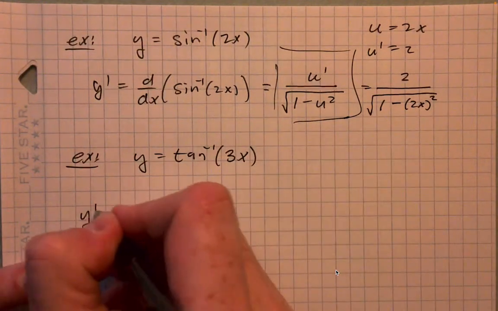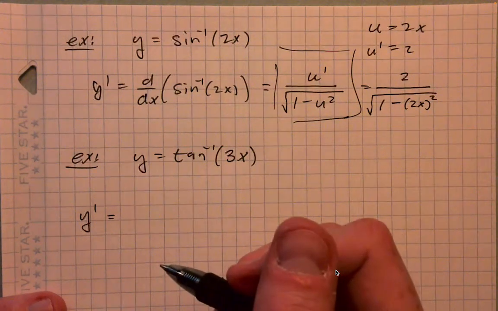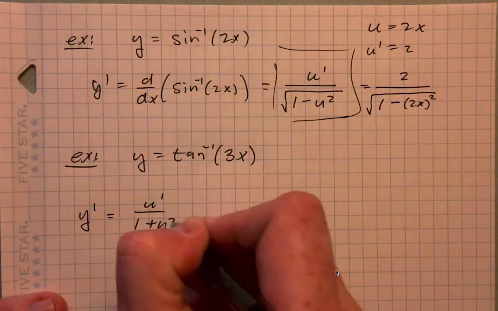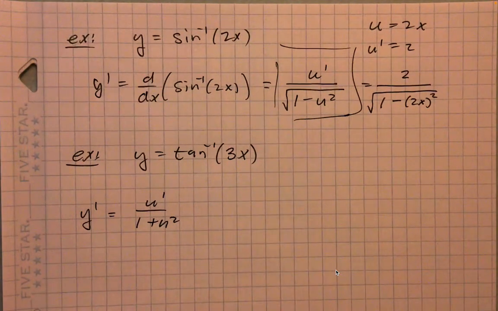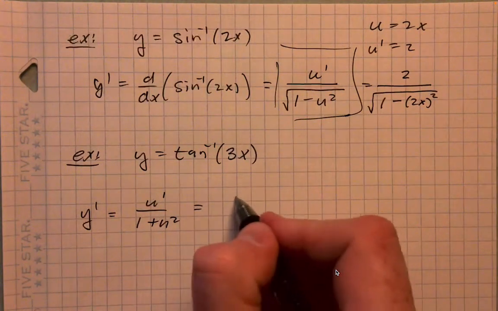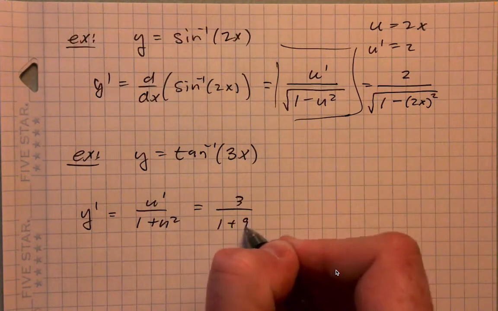Again, y prime is equal to, now we know the form for the inverse tangent. It's u prime over 1 plus u squared. You may not ever memorize that, but you know where to find it, right? You know how to interpret it. And so we can quickly see that this is going to be 3 over 1 plus 9x squared.